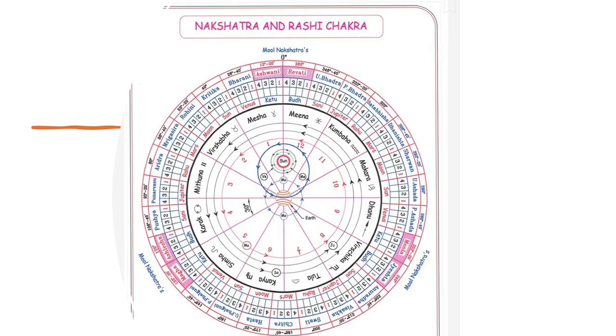Are you getting this? Can you explain it? Kanya 10 degrees means it is 10 degrees within Kanya Rashi. So it has crossed 5 Rashis, then it has entered the 6th one.